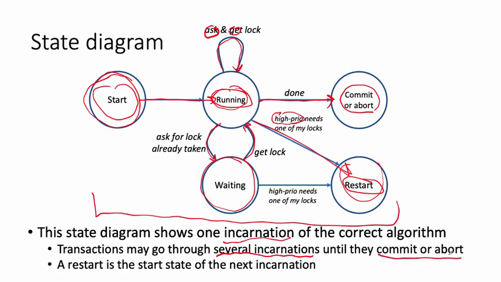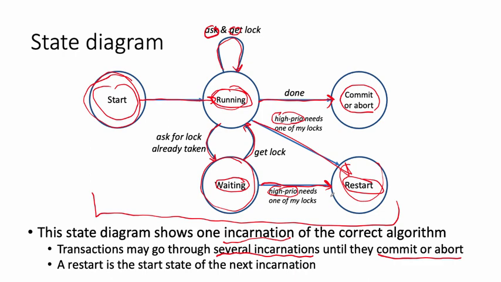So it might be that it's running and it gets to restart, and then it runs, and maybe it restarts again. Who knows? But eventually, it will be done, and it will commit or abort. Now, the restart can happen also in the waiting state. I'm waiting for a lock, but a high priority transaction needs one of the locks I have already. So I also restart in that case. Okay? So there's two ways that I can restart.